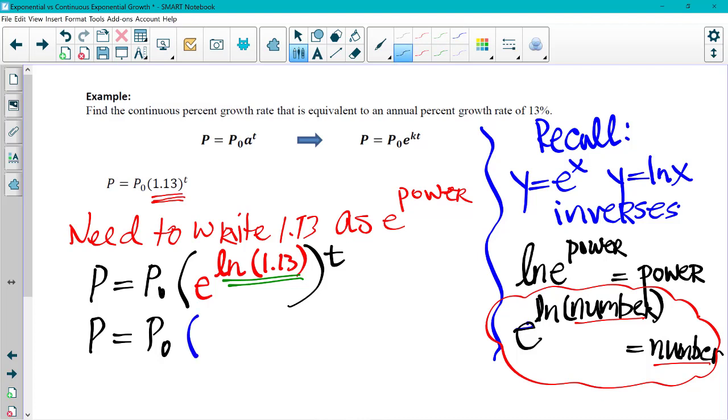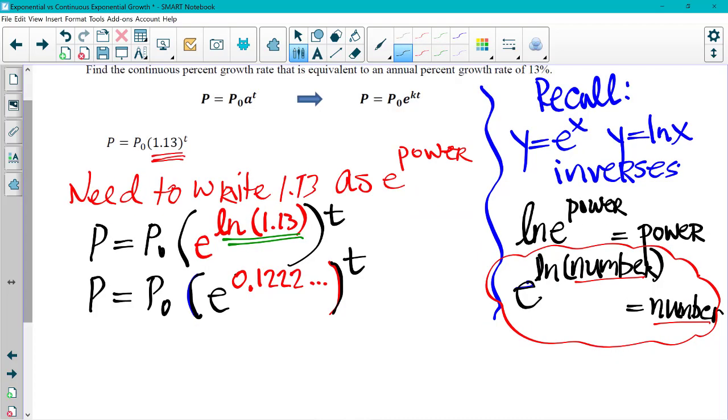I have e to the 0.1222... power times t. Basically, the natural log of 1.13 is this decimal.